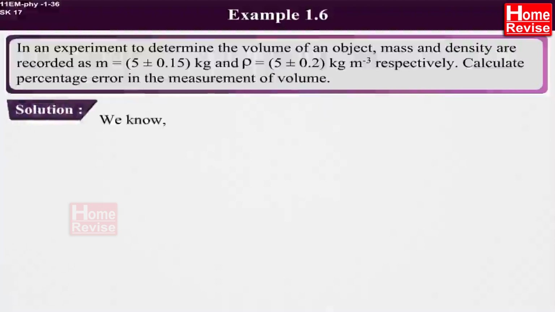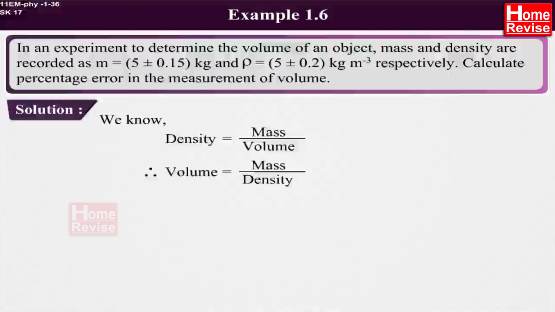Solution. We know density is equal to mass upon volume. Therefore, volume is equal to mass upon density, which is equal to m upon rho.